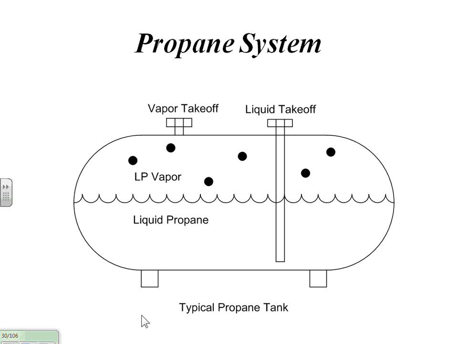So that was a vapor takeoff. The fix for that is you can go to a liquid takeoff, where you have a suction tube which goes down into the liquid propane, comes off, and runs through a vaporizer. Typically they run the vaporizer right off the jacket heater. Anybody know what a heat exchanger is?